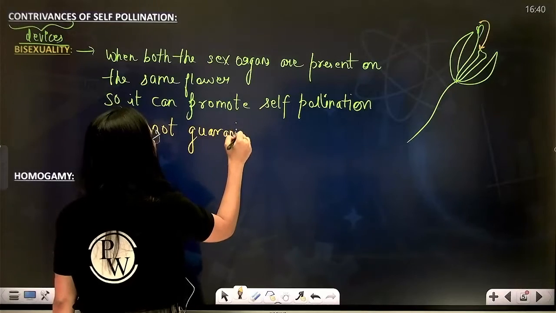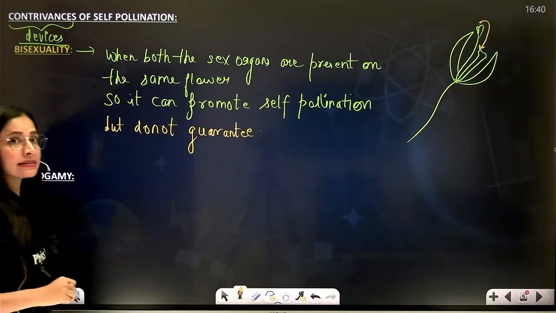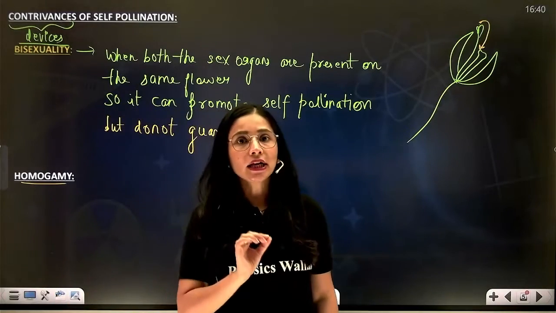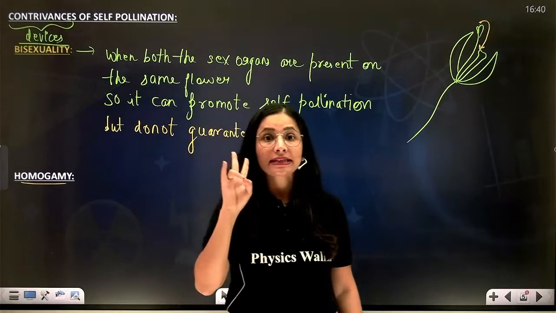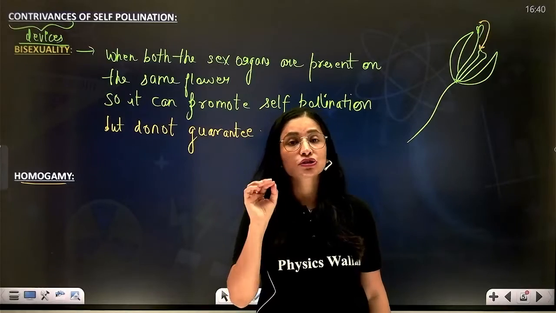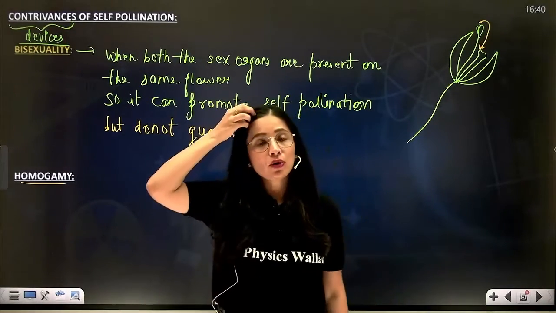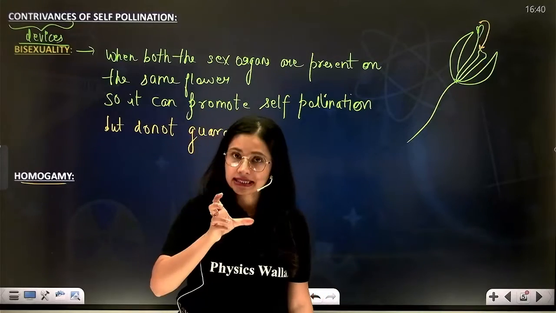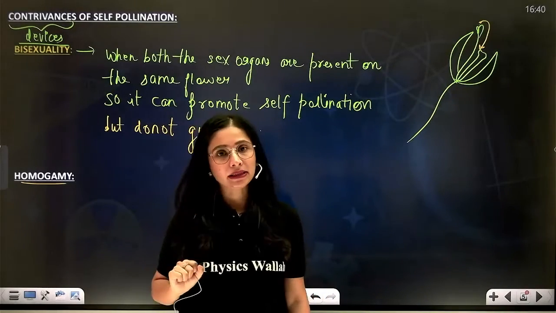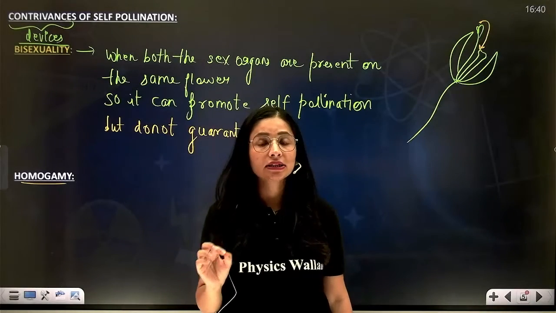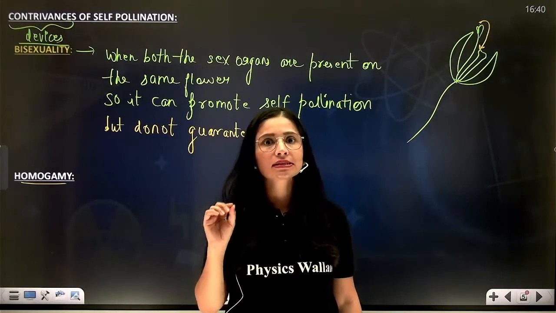Right? Understood the first contrivance? Now, second is homogamy. Beta, along with bisexuality, the second important device which is responsible for promoting self-pollination is homogamy. Homo means same. Gamy means gamete. This means that both the male and female gamete should mature at the same time.